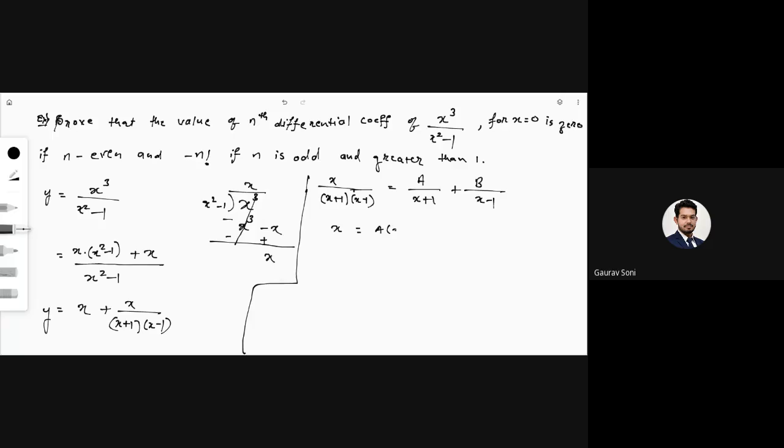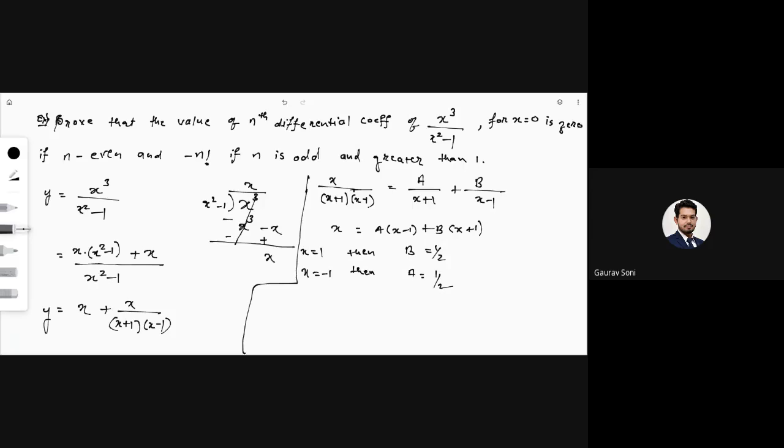So x is equal to a into x minus 1 plus b into x plus 1. Put x is equal to 1, then b will become 1 by 2. Put x is equal to minus 1, then minus a is equal to minus 1 by 2, so a is equal to plus 1 by 2.